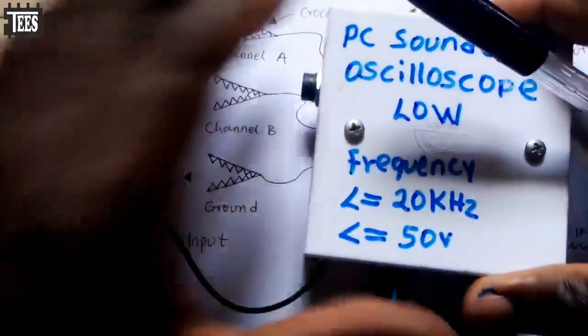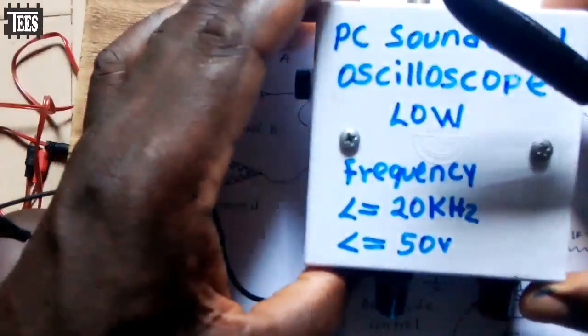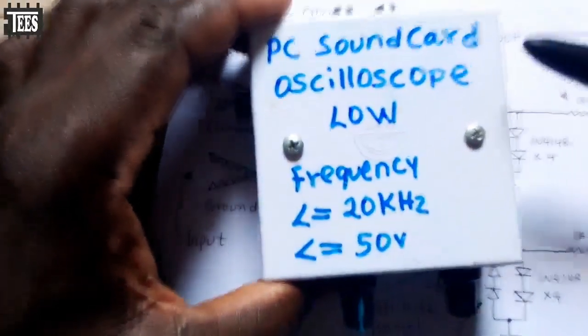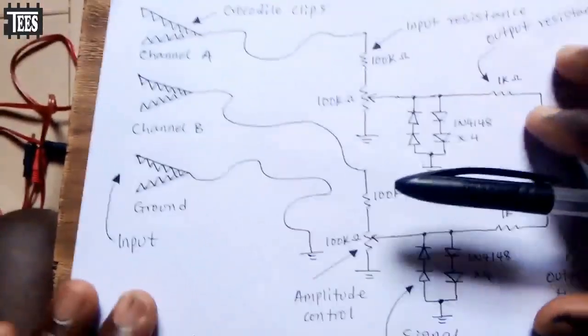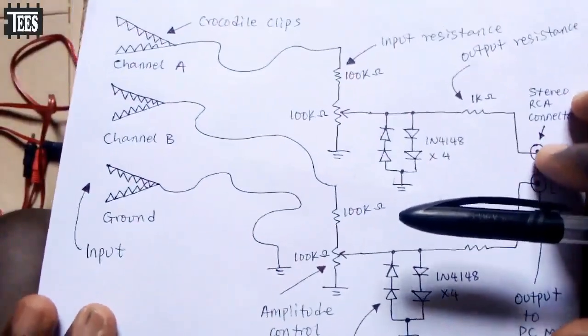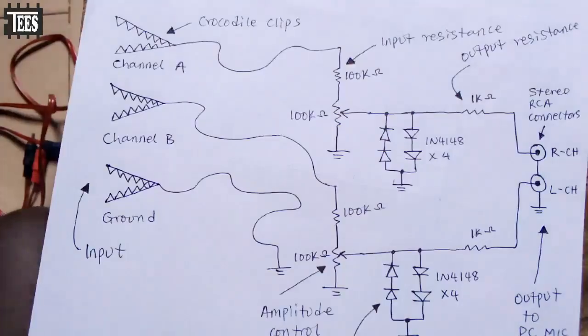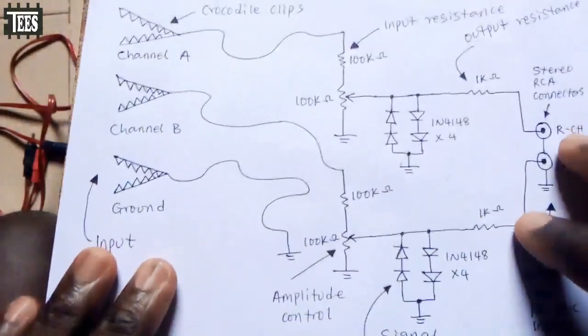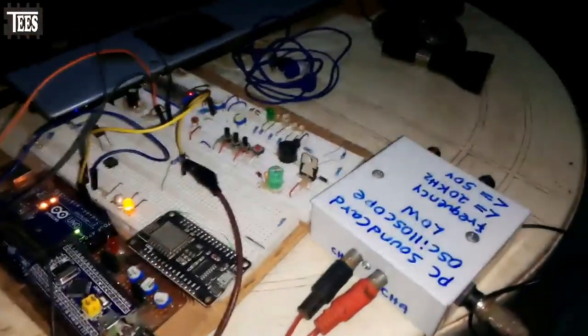It is the oscilloscope that shows you the waveform of these electrical signals. So take a look at the diagram very well, very simple, so that you can go out and make yours.